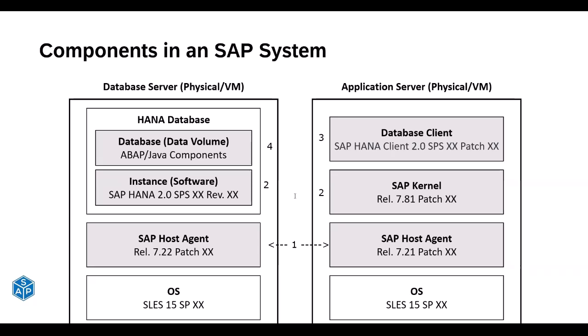Even if you don't install it on your database server, it will not affect it. We have not installed the database client on the database server. We have only installed the server, the IMDB server, that is the HANA server 2.0. We have installed the client on the application server, because from here it is required to connect to your database.